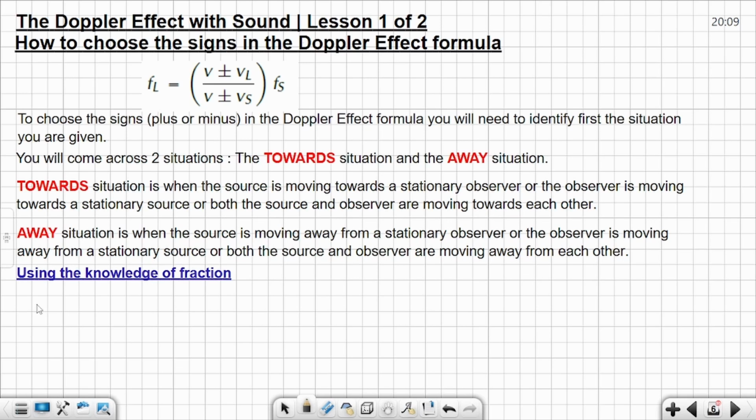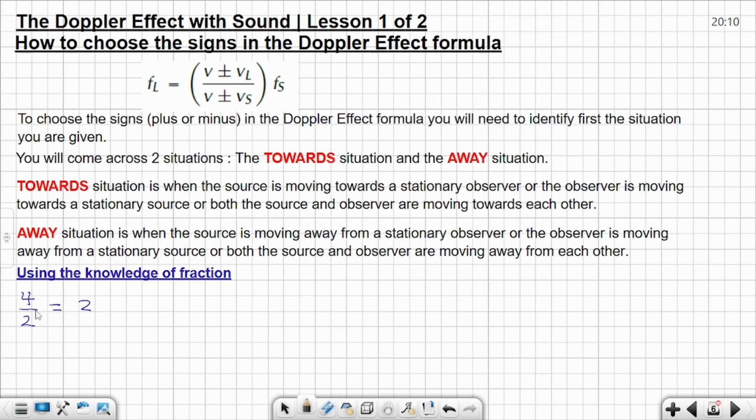Okay, we are going to use the knowledge of fractions to help us identify the signs here. Let's see. For example, from primary, you see when you have this type of fraction where the numerator is bigger than the denominator. You can see this is your numerator at the top and the denominator at the bottom. And the answer for this fraction, 4 over 2, is equal to 2.